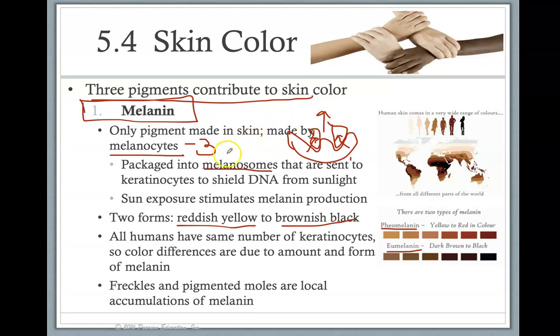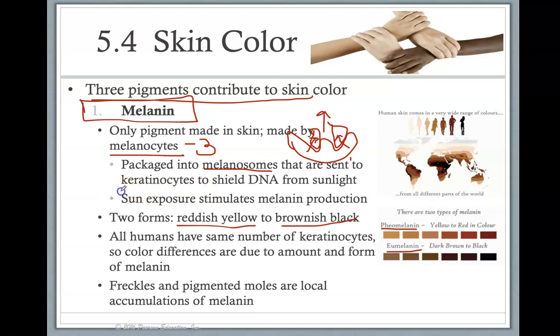And melanin is really important because it helps to shield DNA from sunlight. So as you well know, UV light from the sun can actually damage our DNA. And ultimately, too much damage to that DNA can cause skin cancer, can cause those cells to grow abnormally.